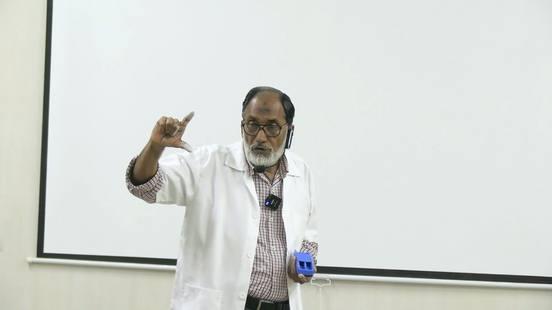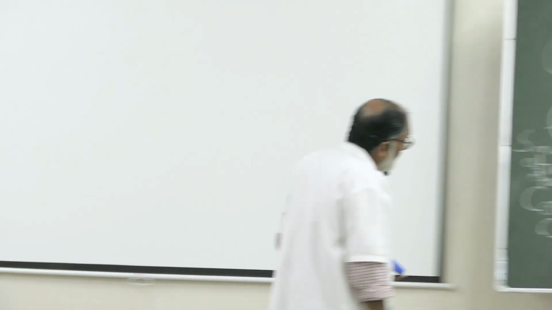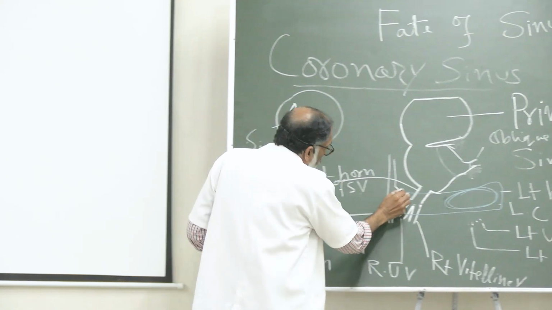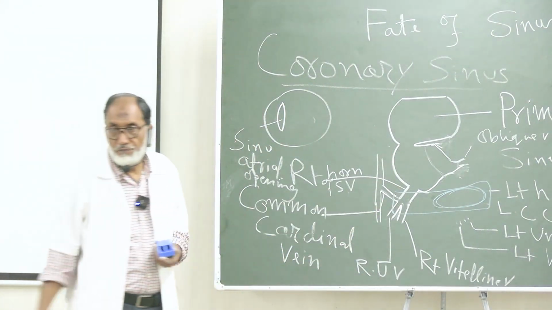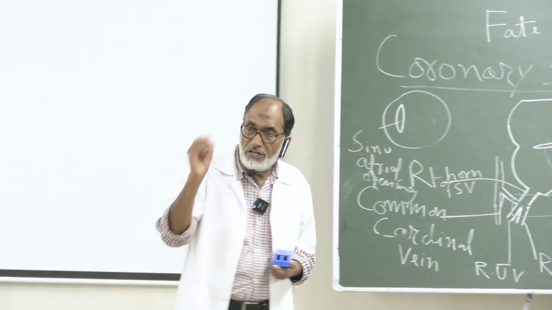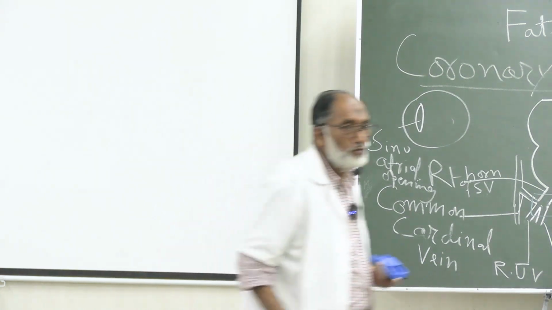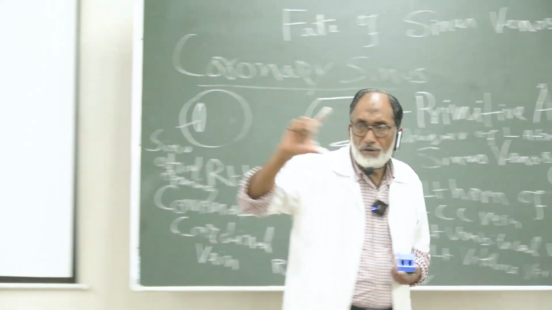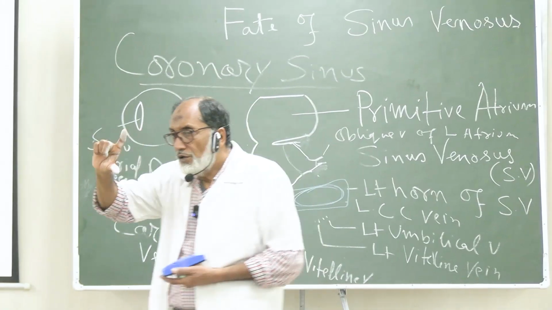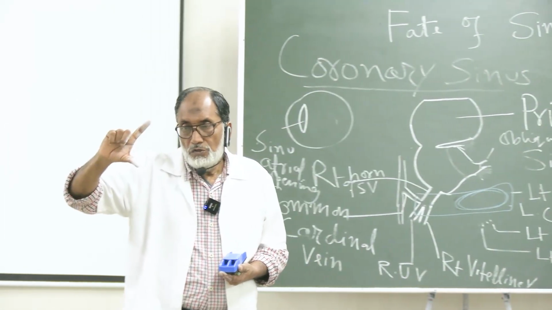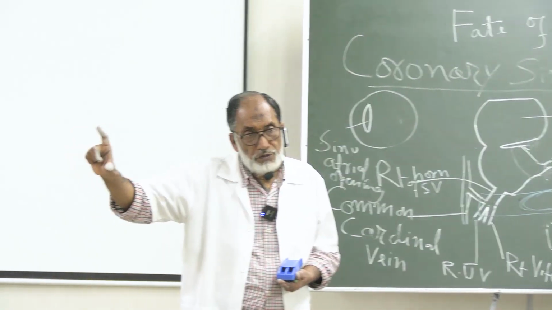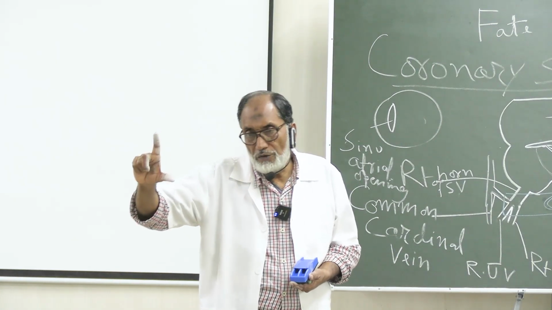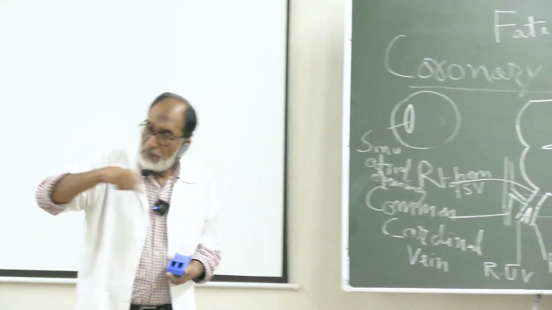Right vitelline vein will form the inferior vena cava. And right common cardinal vein will form part of the superior vena cava. Right?